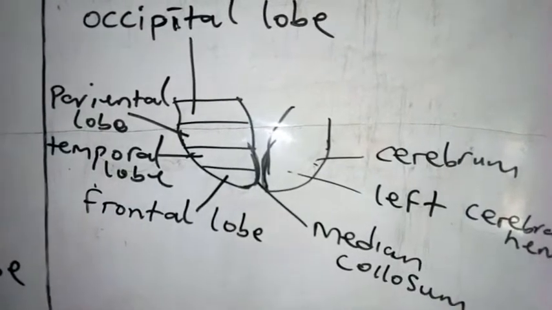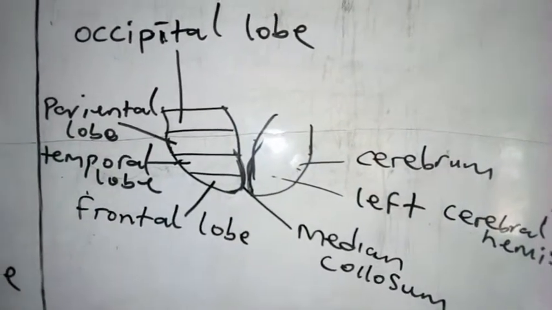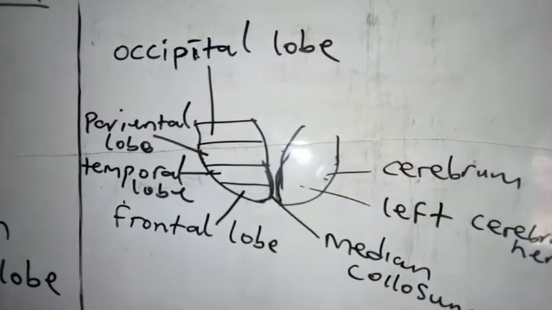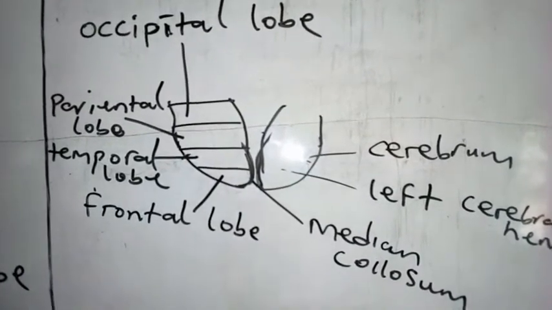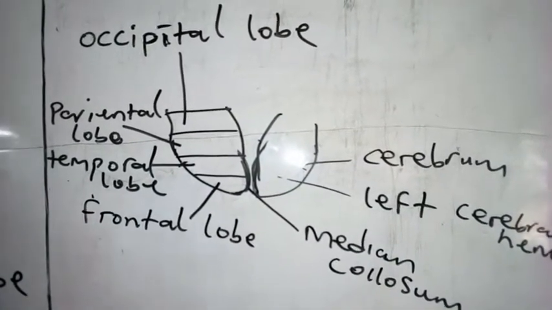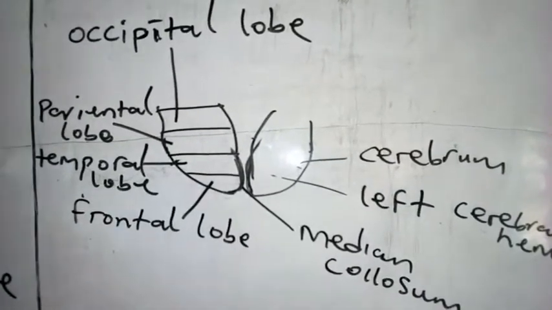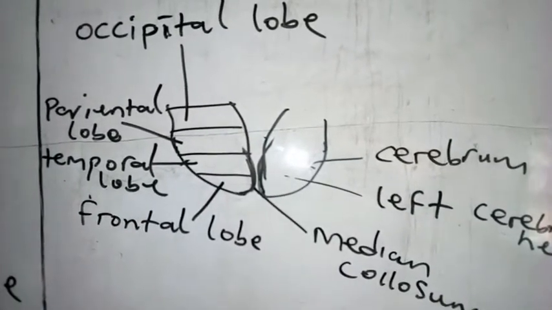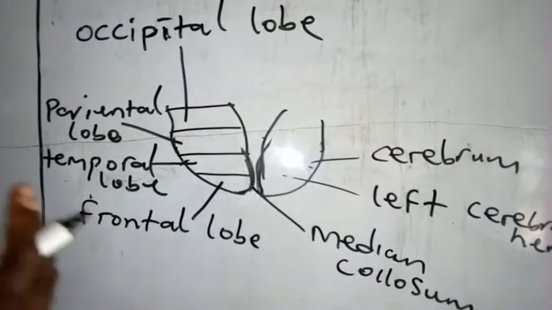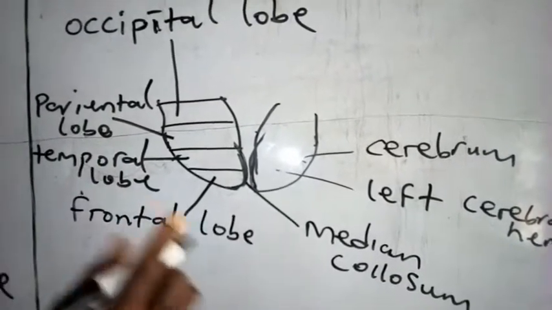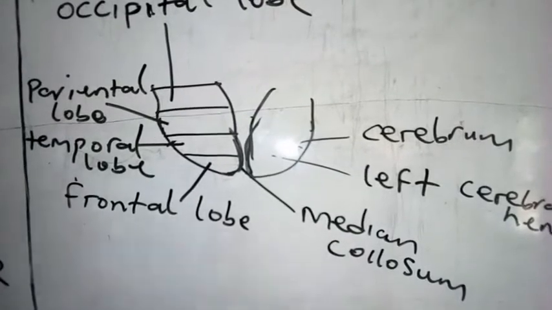We are looking at the cerebral hemisphere, or the cerebrum. I told you that the cerebrum is the largest part of the forebrain, and the cerebrum is divided into 2 hemispheres. The 2 hemispheres are the left and the right hemisphere, and these 2 hemispheres produce a deep furrow known as the medial callosum.